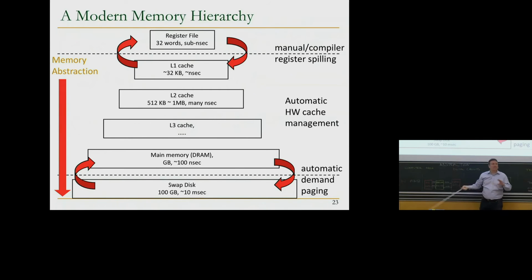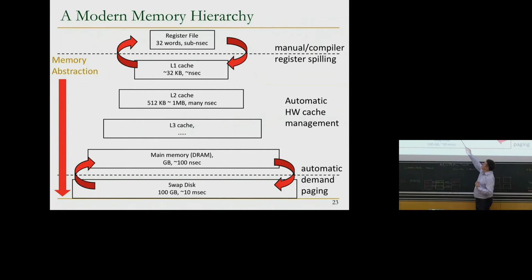These numbers are typical for today's computers. They may change a little bit, but the level 1 cache, the faster one, is maybe 16 to 64 kilobytes, runs in the nanoseconds, maybe not exactly at the same speed as the processor, but maybe every 2 cycles, 3 cycles. L2 cache is then larger, 512 to 1 megabyte. It runs substantially slower than L1.